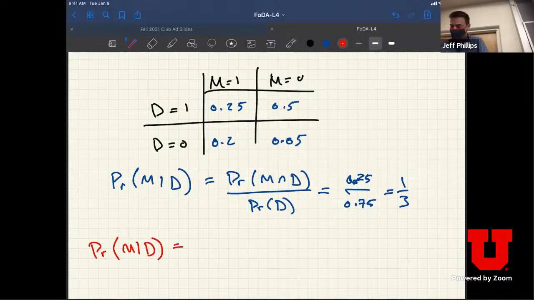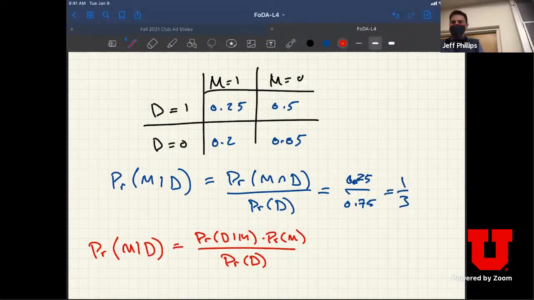Let's do this now using Bayes' rule: the probability of the data given the model, times the probability of the model, divided by the probability of the data. So the first thing I need to do is calculate this other conditional probability.